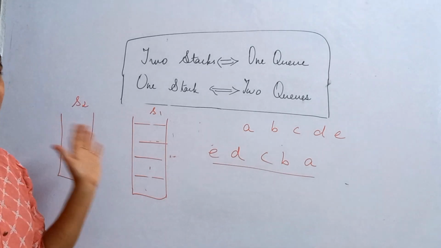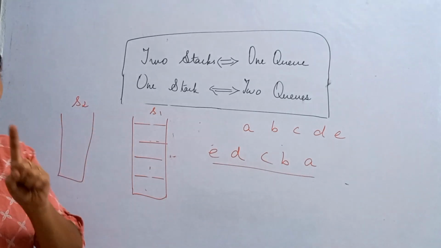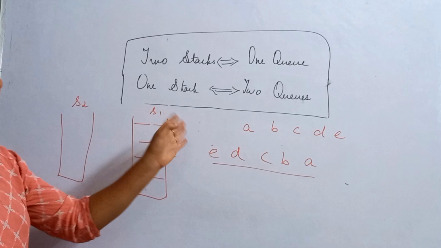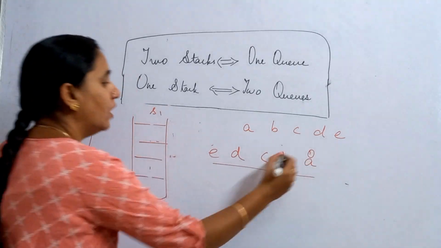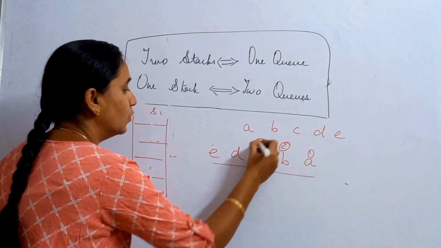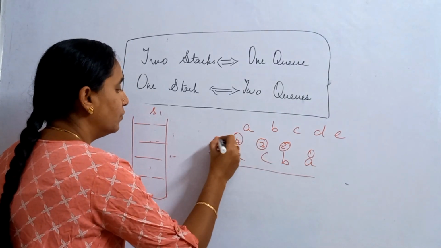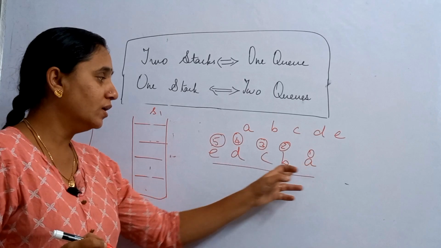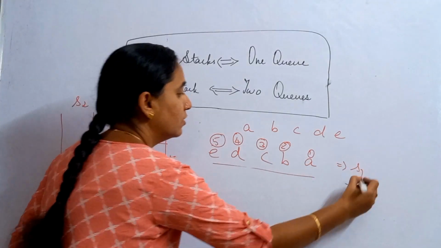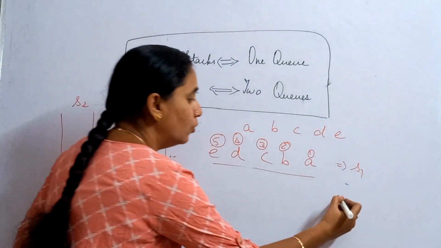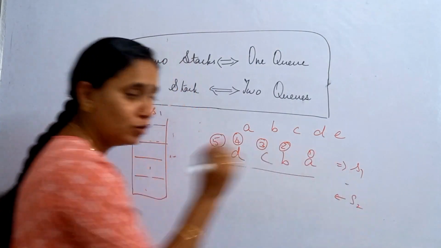Simultaneously, I have to insert that element. So what was the first element retrieved? It was the first one, second one, third one, fourth one and fifth one. So this was the order of element retrieval from stack 1. Now I want to push this back into stack 2.